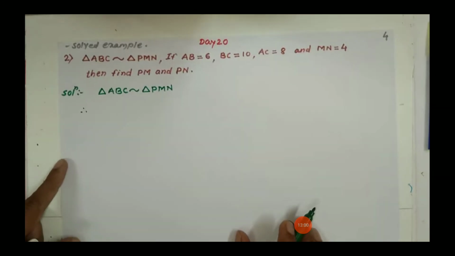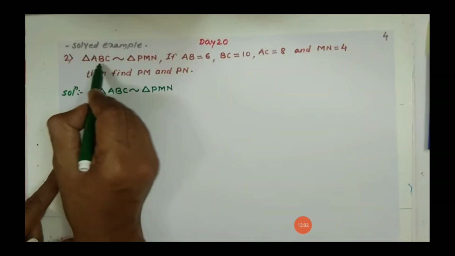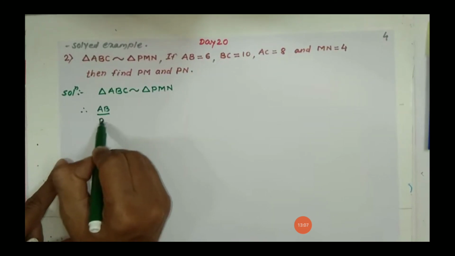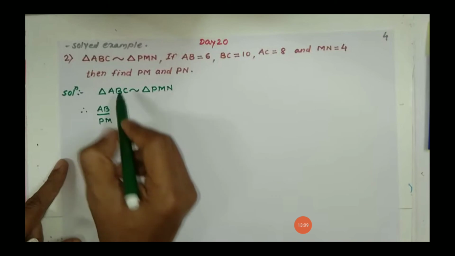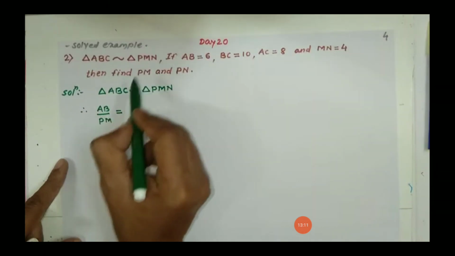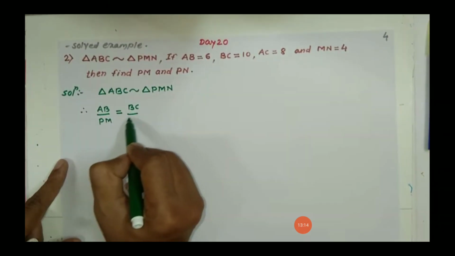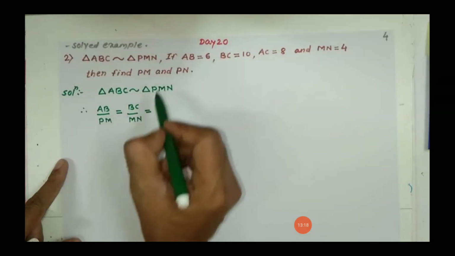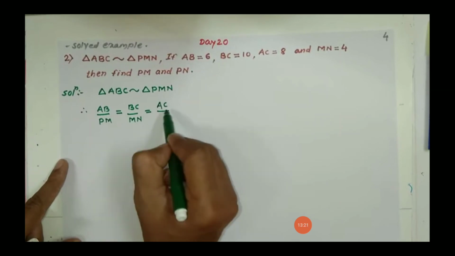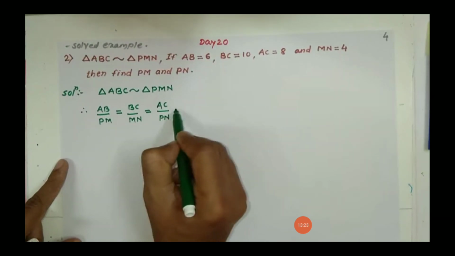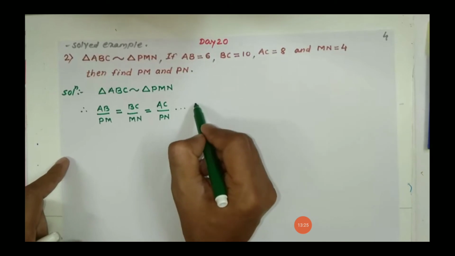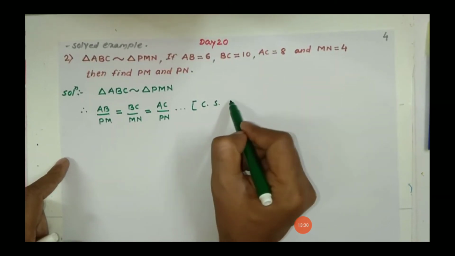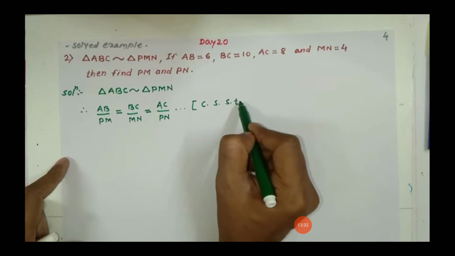So I am writing the ratio of corresponding sides: AB upon PM is equal to BC upon MN, and third, AC upon PN. We can write the reason: corresponding sides of similar triangles.